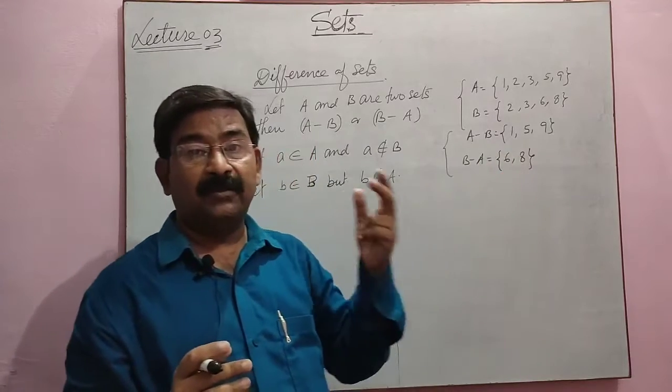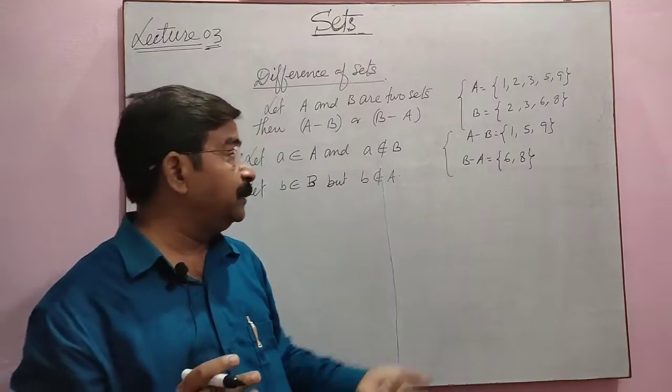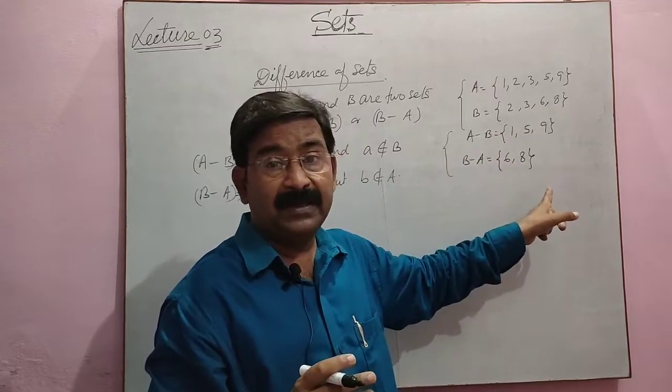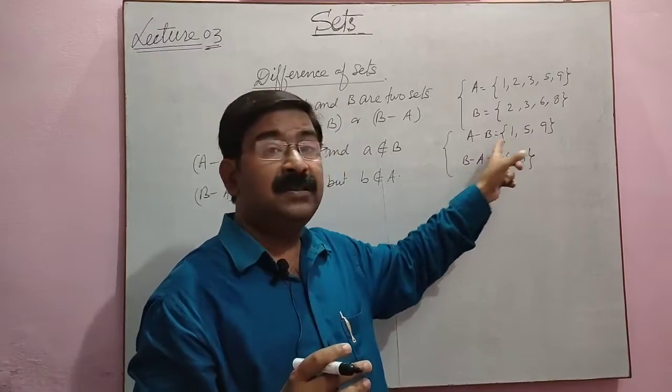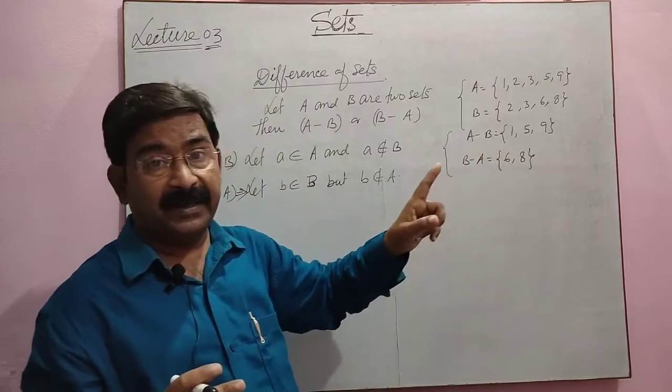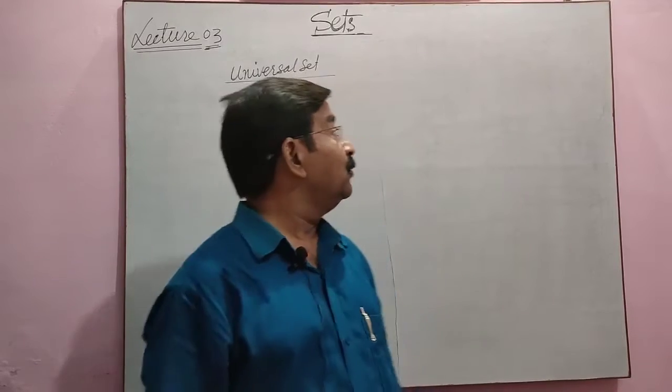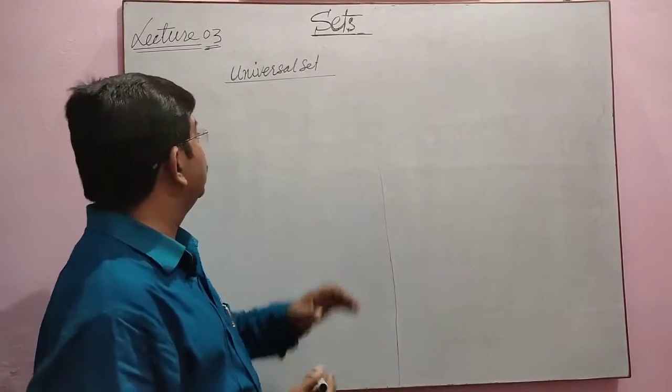For any two sets A and B, A minus B is never equal to B minus A. Got it? Okay. Now we are coming to the next point.